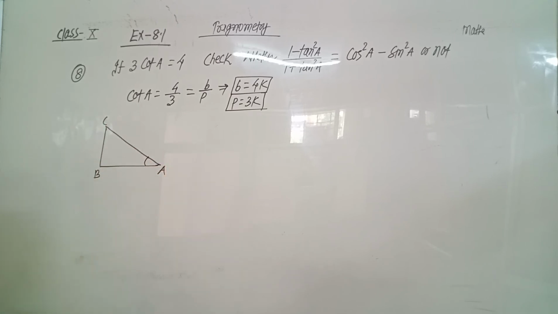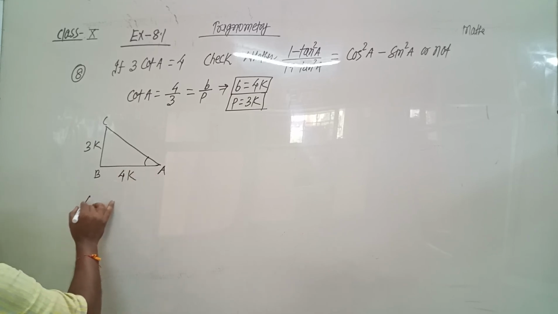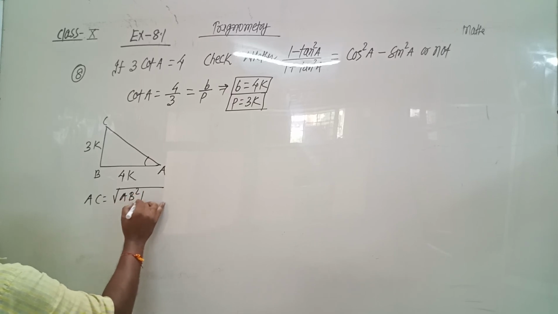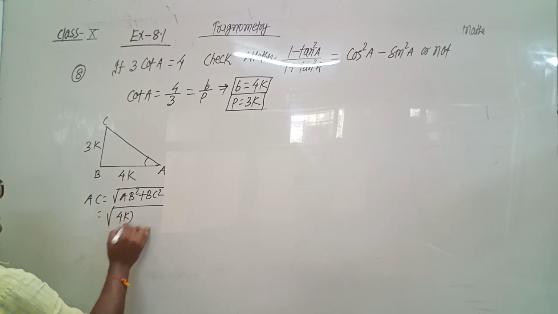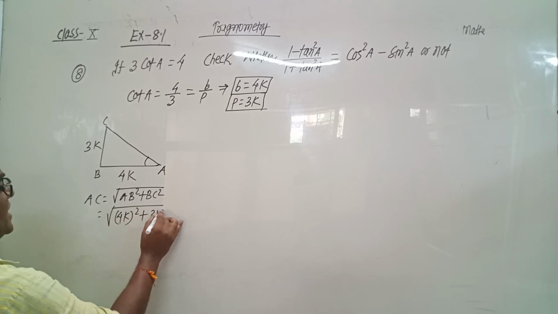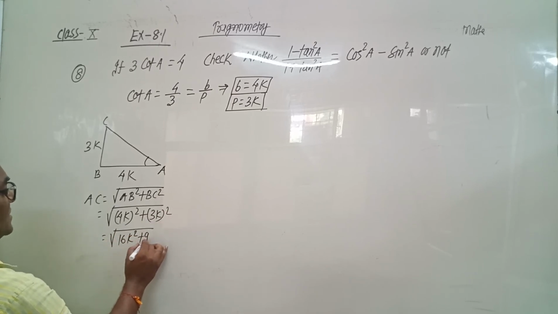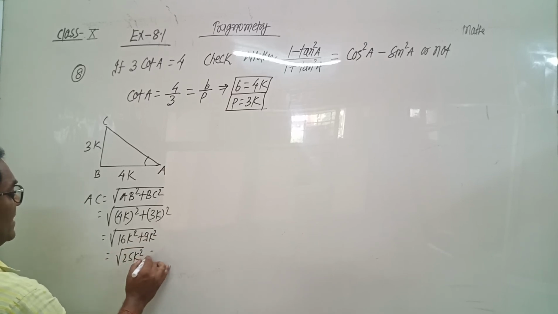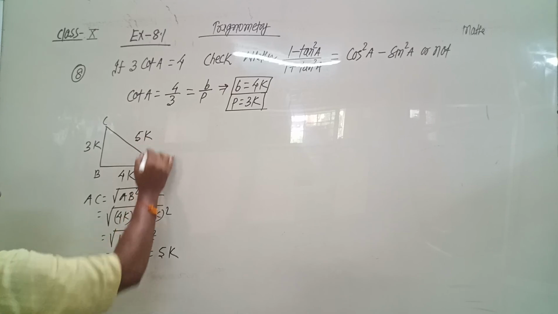This is acute angle A. So for acute angle A, perpendicular is 3k and base is 4k. We calculate AC equals under root of AB square plus BC square, which is 16k square plus 9k square, root over 25k square, and this is 5k. So we get the value of AC is 5k.